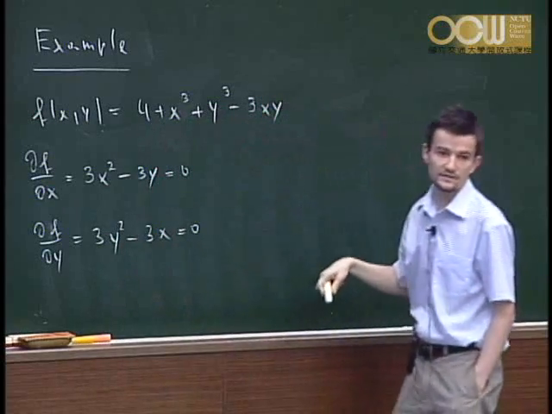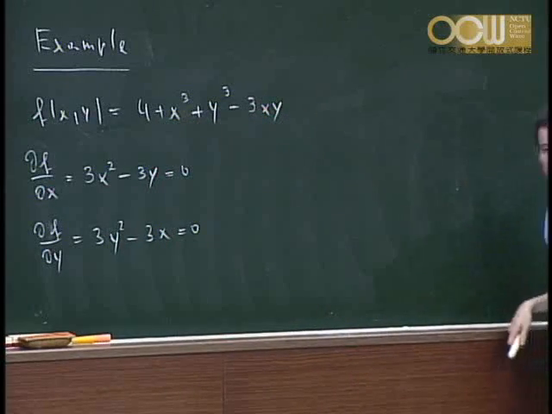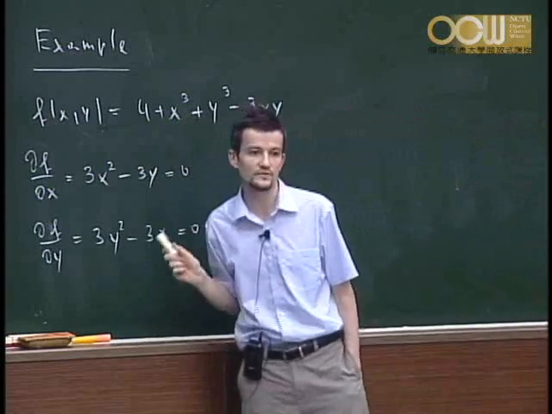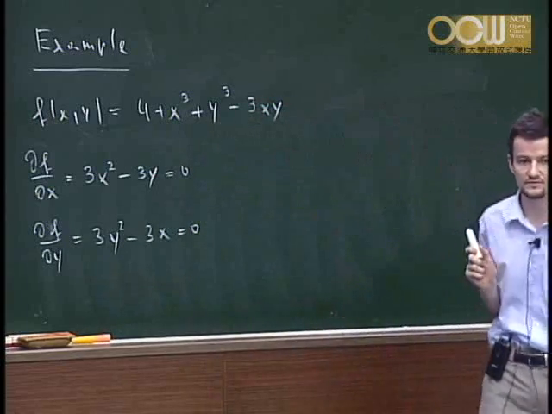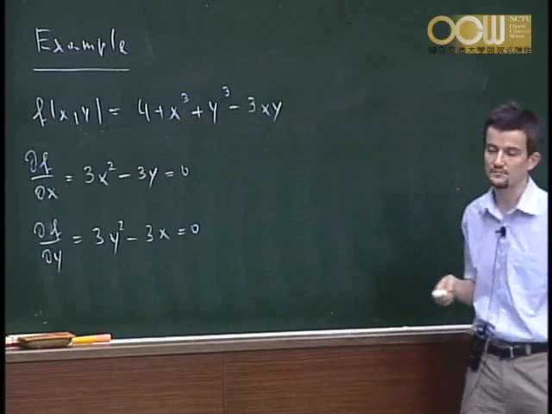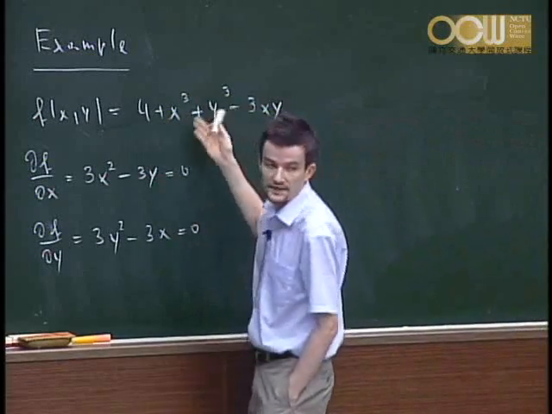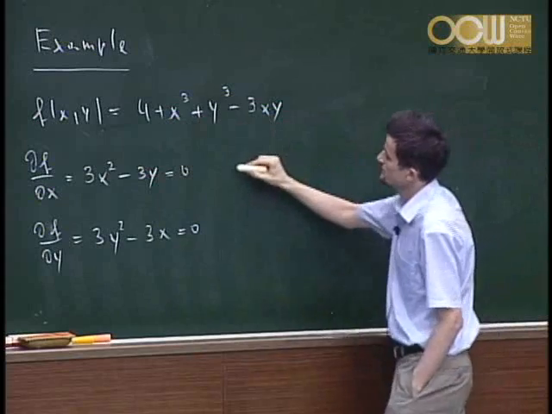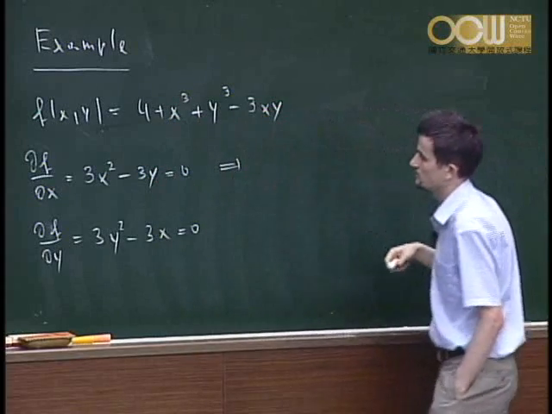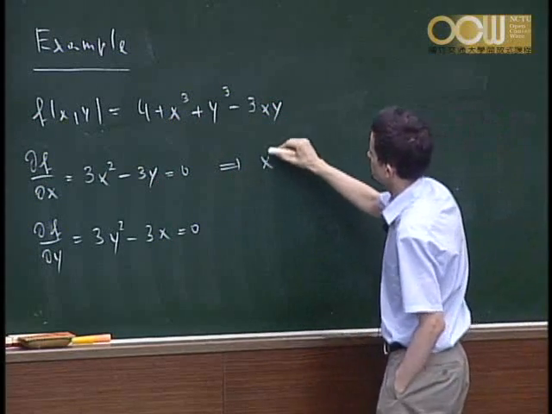Normally, the system of equations you get here is not always easy to solve, because this is not a linear system. It can be very complicated for a more complicated function. Most of the time you have to use Maple in order to solve it. But here it's easy.